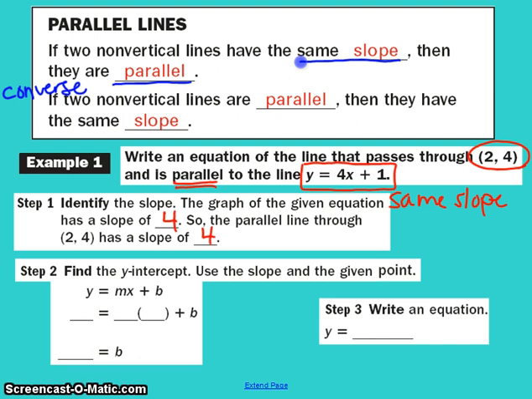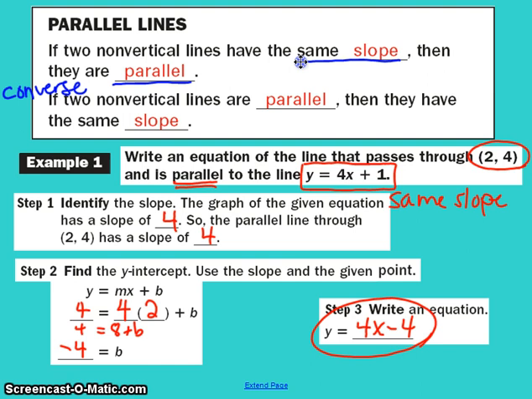So my m is set at 4. And they gave me an ordered pair, a value of x and y, 2 and 4, and told me the slope had to be 4 for it to be parallel. I can finish my equation by solving for b, and I get -4 for my b. So my equation that is parallel to that line going through that point is y equals 4x minus 4.